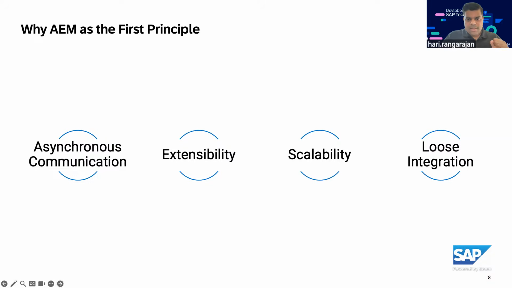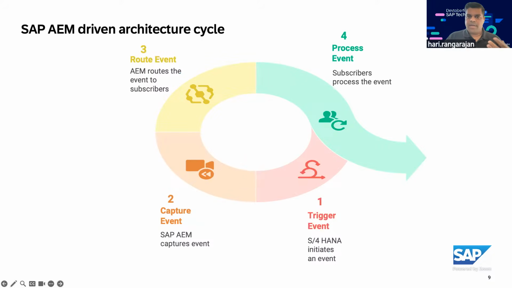Now, let's look at a small use case and look at how it would work with an AEM or EDA-driven architecture cycle, right? A simple use case. You're onboarding a business partner in S/4HANA. Without a clean core, you would talk about custom ABAP extensions in S4 to trigger your business partner creation or update changes.